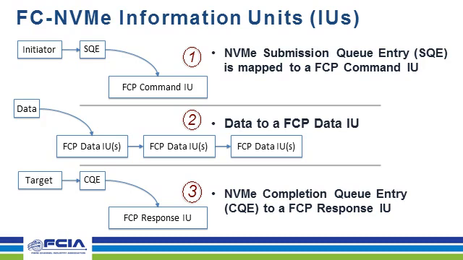And so the mapping of the different information units looks like this. First of all, to send an FC-NVMe command, the initiator will send an SQE, the submission queue entry, which contains the NVMe command, to the FC-NVMe layer, and that will then encapsulate it into an FCP command IU.